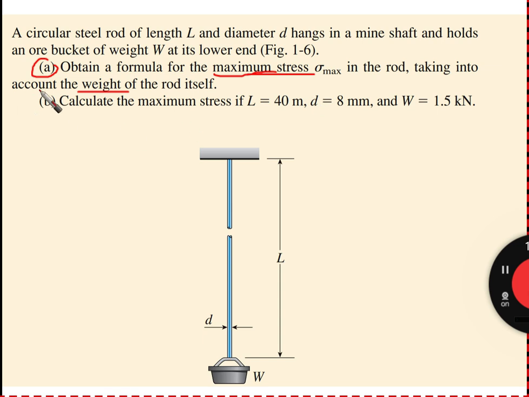In point B we are going to calculate the real maximum stress based on numerical values. There are some numerical values given here, so we need to use them to obtain the maximum stress. Again, as I said many times, we need to think about the formula first, and then we can substitute these numerical values.